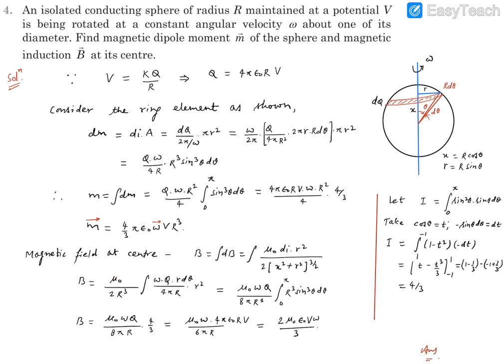Now in the numerator, what is left? Let's talk about di. First we need to simplify this di. Di is going to be dq divided by its time period. In fact, we have calculated this di somewhere, and we can use those numbers as well. This was the di, and if you simplify, 2 pi was off.